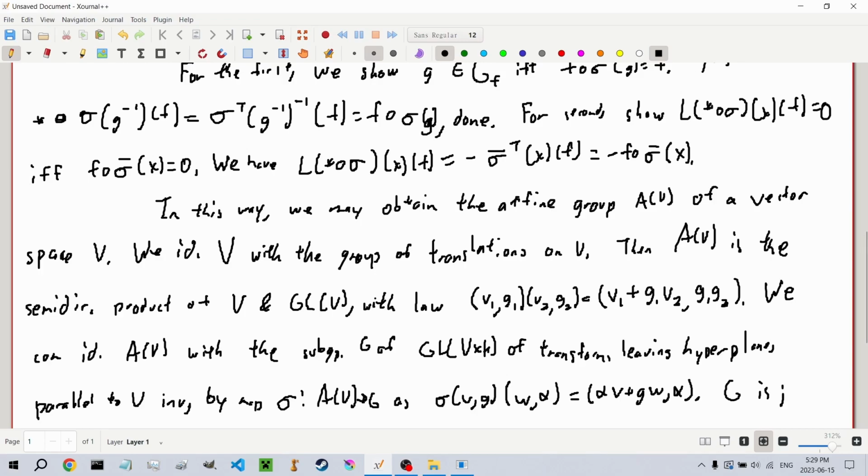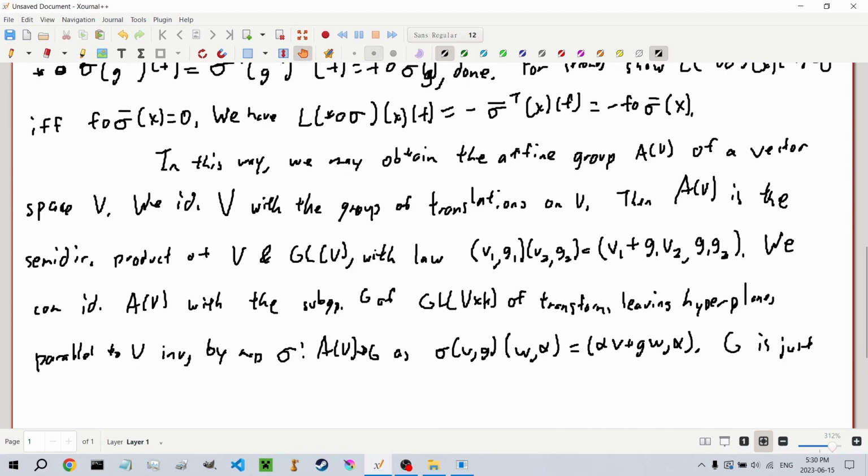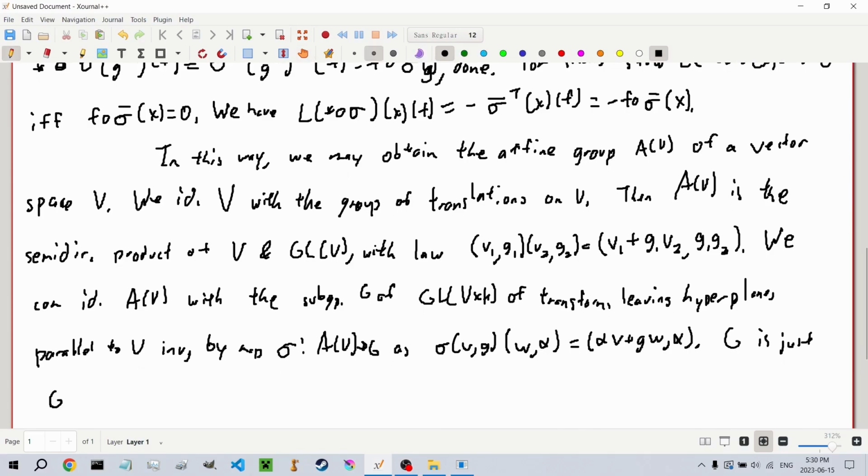G is just, however, a group GL(V) times K sub f with respect to the linear form f sending V and a K to K by, of course, f of (w, alpha) just being alpha.